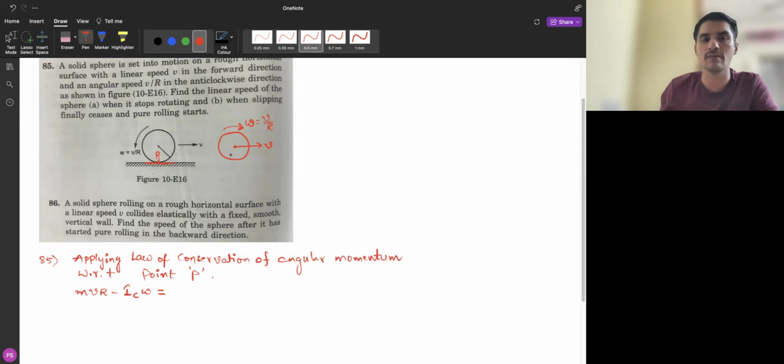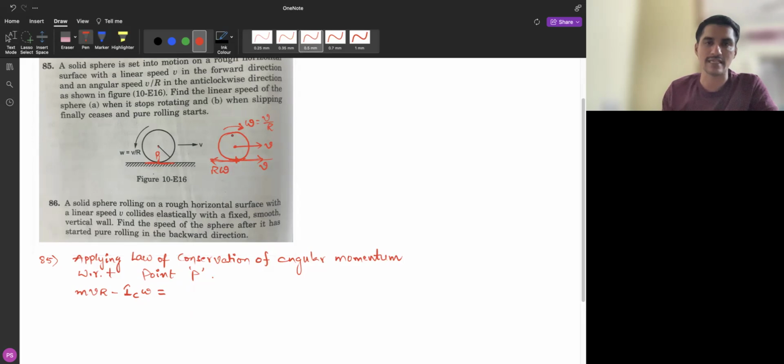If omega is equal to v by R, then we can say that it is pure rolling, right? It means that at the bottom, this is velocity v, and this is the rotational velocity, R omega, the tangential velocity. So therefore, v is equal to R omega at this point P. Therefore, it will be in pure rolling. Am I right or not?